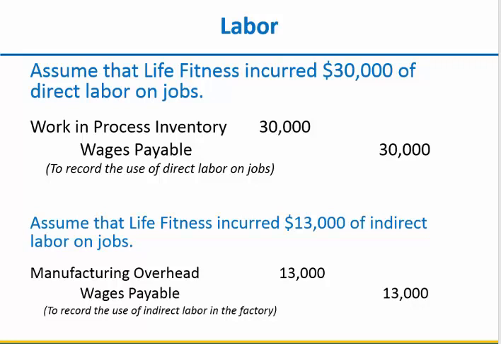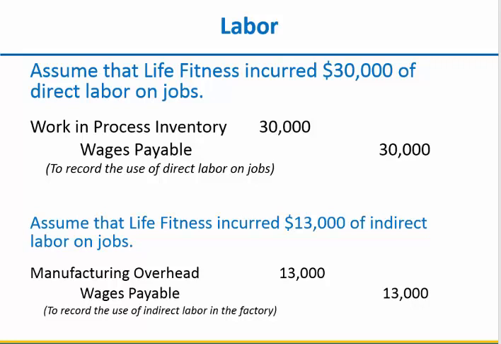And sometimes we don't pay them cash right away. We pay them cash every month. So if it happens in the middle of the month, maybe this is the second week of the month, I'm going to say, hey, I'm going to give you wages payable. I'm not going to pay right away. I will pay you the last day of this month. So I'm going to accrue this cost called wages payable. So again, that's my liability.